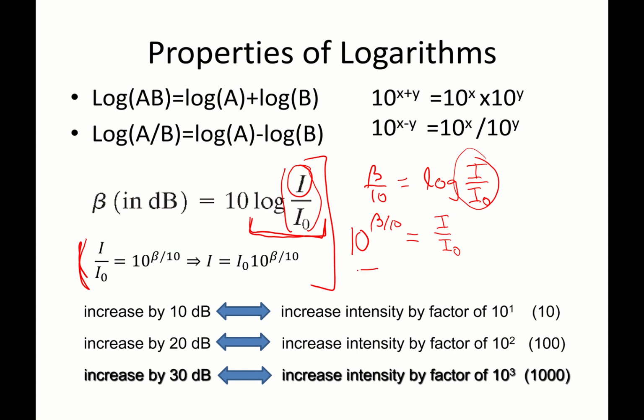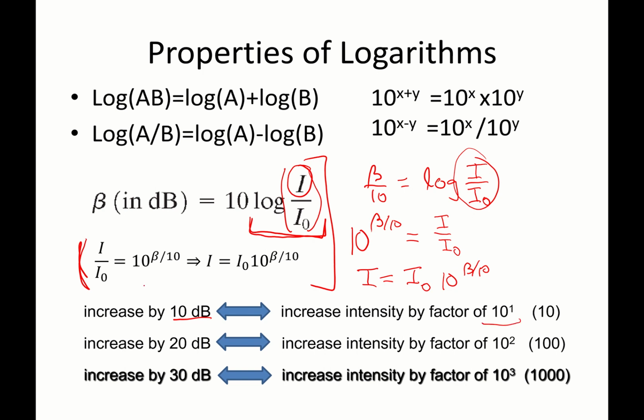So now to get I is just I0, which is 10 to the minus 12, times 10 to whatever beta is, that's the sound level, over 10. And we'll do some examples in a minute. Okay, so what does that mean? Whenever I increase my value of beta by 10, that increases the intensity by a factor of 10.